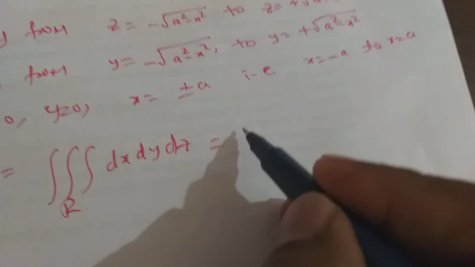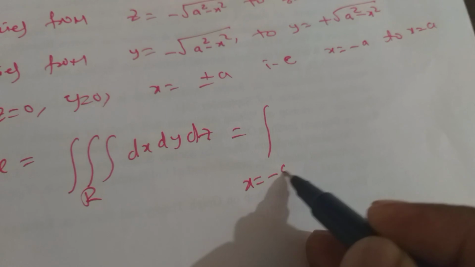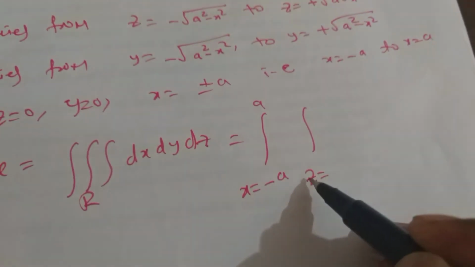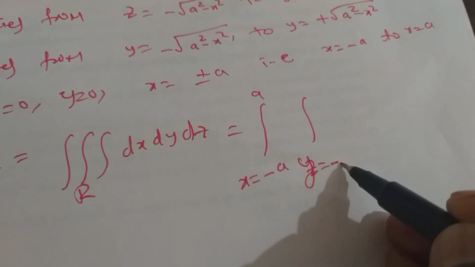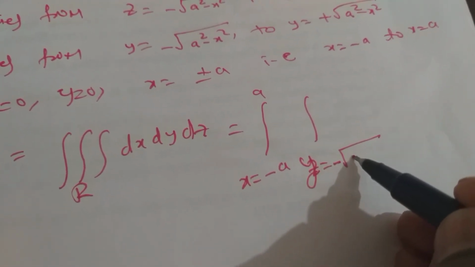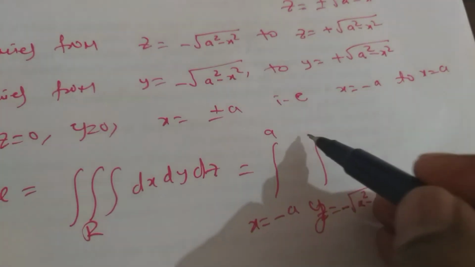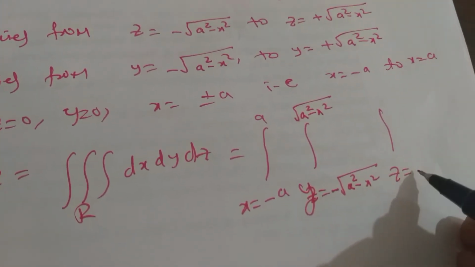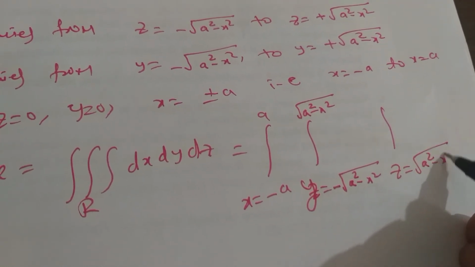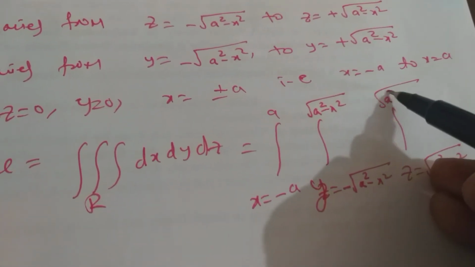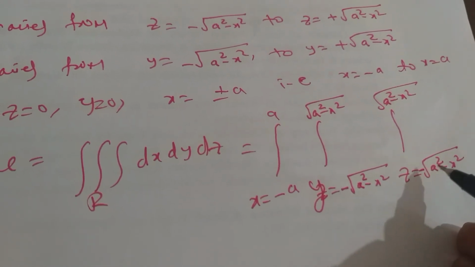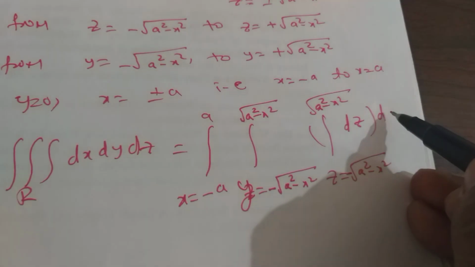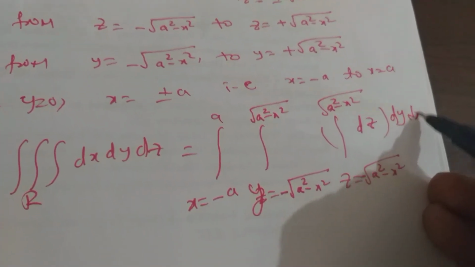So in this problem, x limits are constants, minus a to a, y limits are minus root of a square minus x square to plus root of a square minus x square, and z limits are minus root of a square minus x square to plus root of a square minus x square, integrating with respect to z first, then y and x.